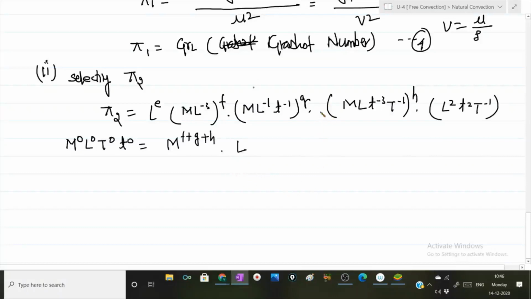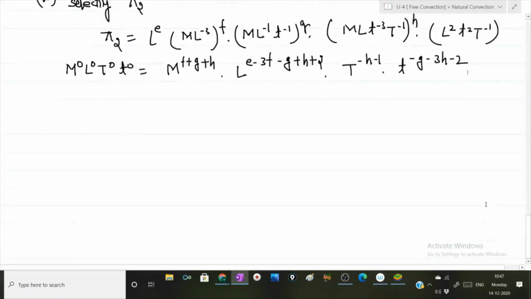Combining the exponents of L gives e minus 3f minus g plus h plus 2. Combining the exponents of temperature T gives minus h minus 1, and combining the exponents of time gives minus g minus 3h minus 2.